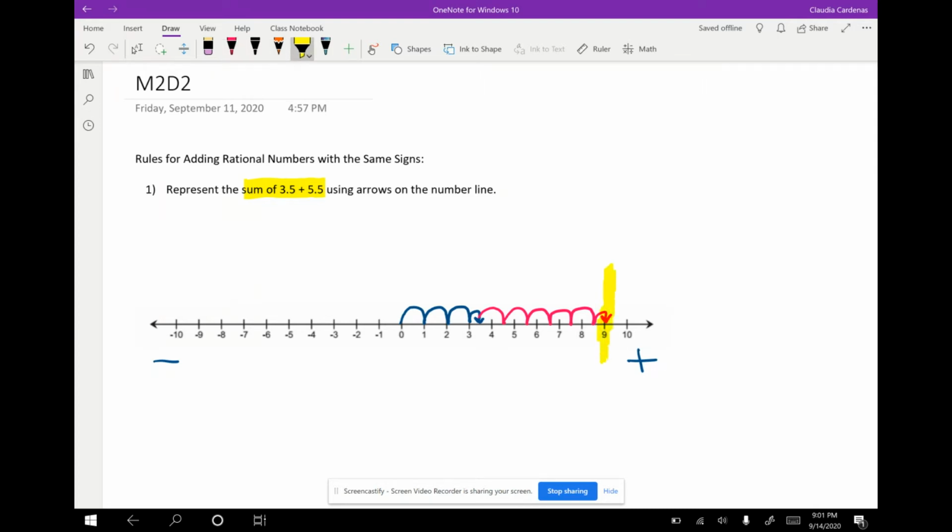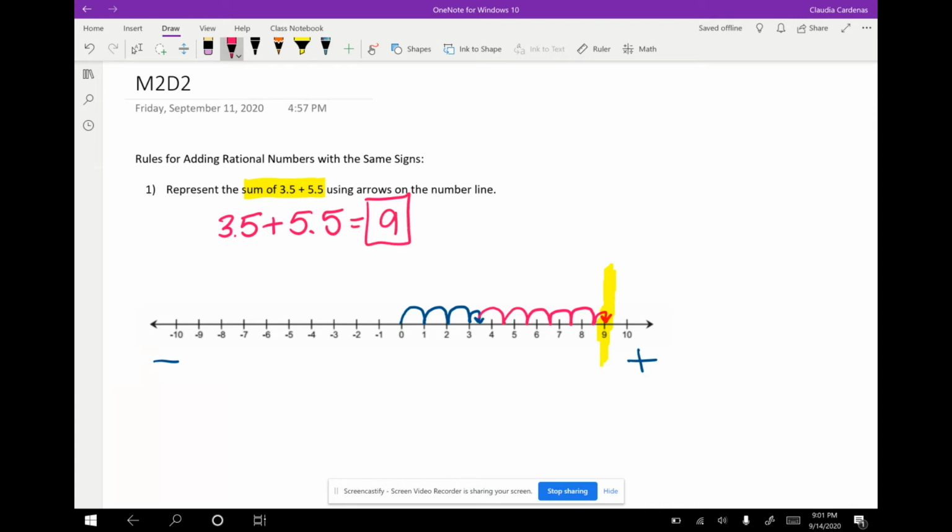And I know that you already know how to add this, right? You have been adding for a very long time and don't need to show a number line every time we add, but this tool is going to be crucial because it is showing us what is really going on when we add numbers together. So in this case, when we added 3.5 plus 5.5, we got an even larger positive number, and that was 9.